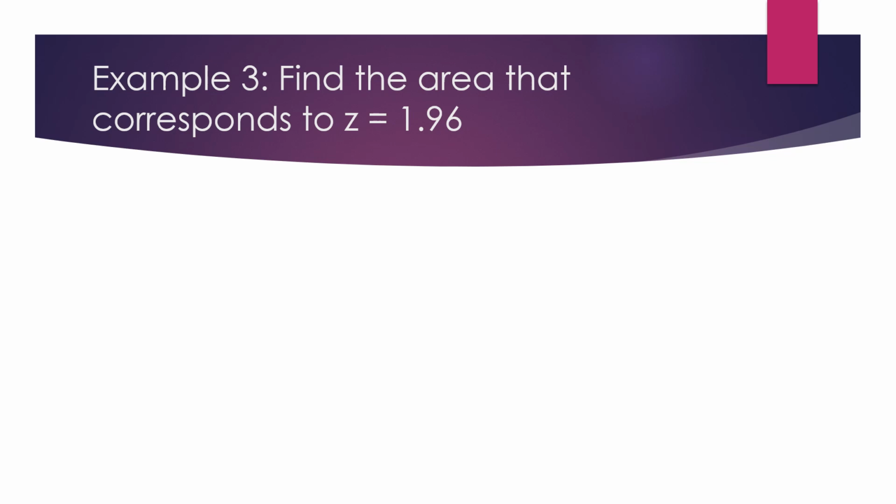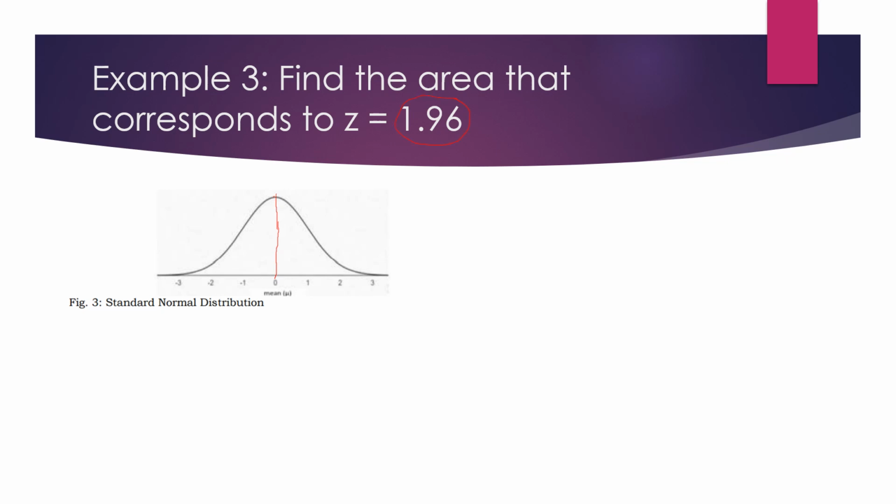Example number 3. Find the area that corresponds to 1.96. Let us first identify the region of z equals 1.96 from the middle, from the mean. 1.96 is positive, so it is at the right side.